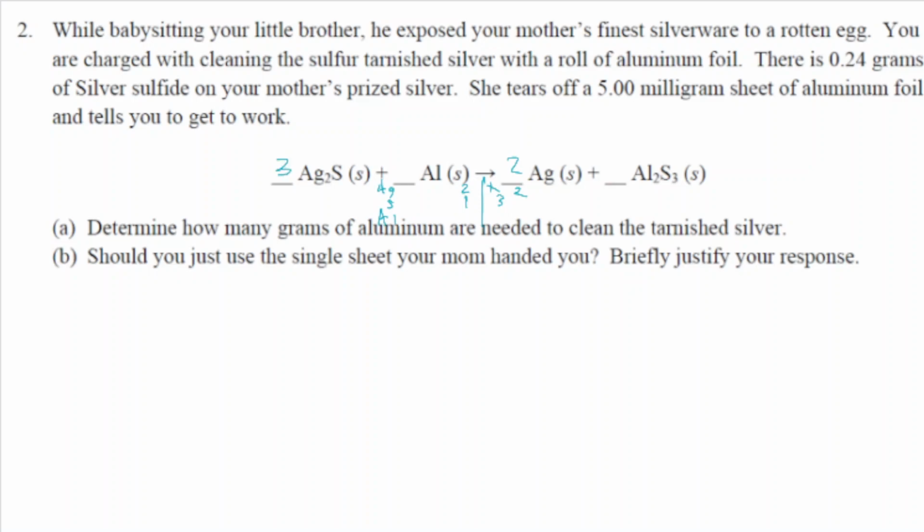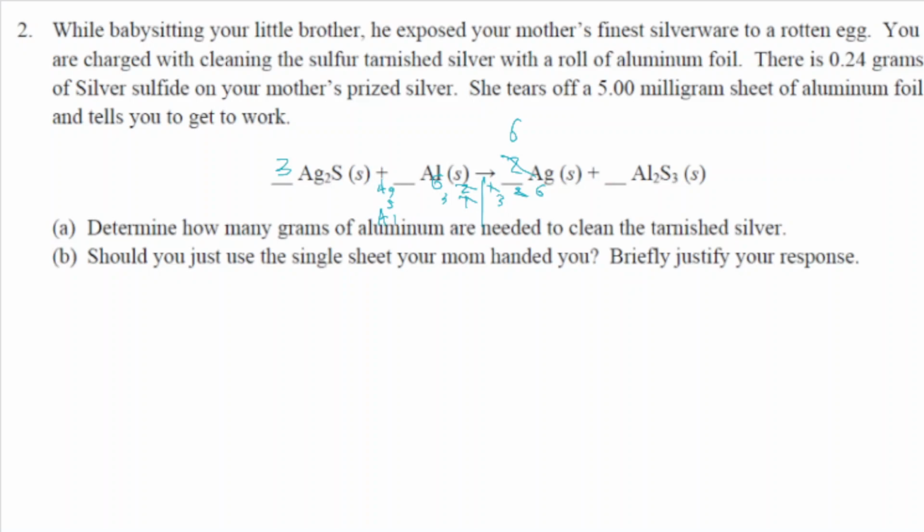And so that will change my sulfur to be 3, but now I need to adjust my silver. So my silver is now 3 times 2 for a total of 6 silvers. And so now I need to adjust our silver on the product side. So instead of this being a 2 coefficient, I need to change this to 6. So we have 6 times 1 is equal to 6 silvers.